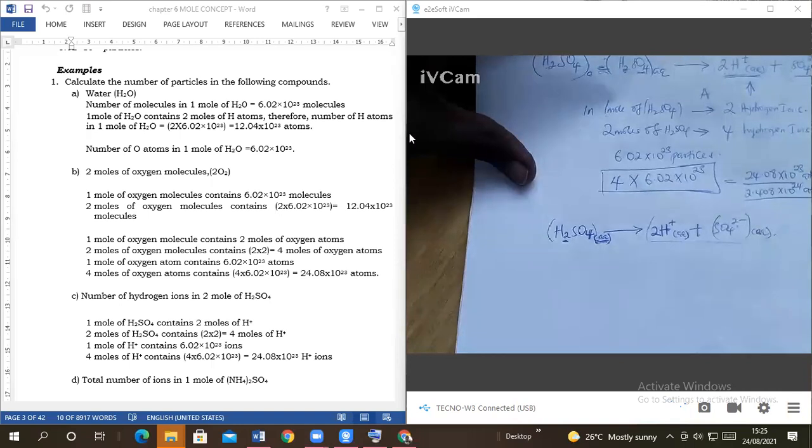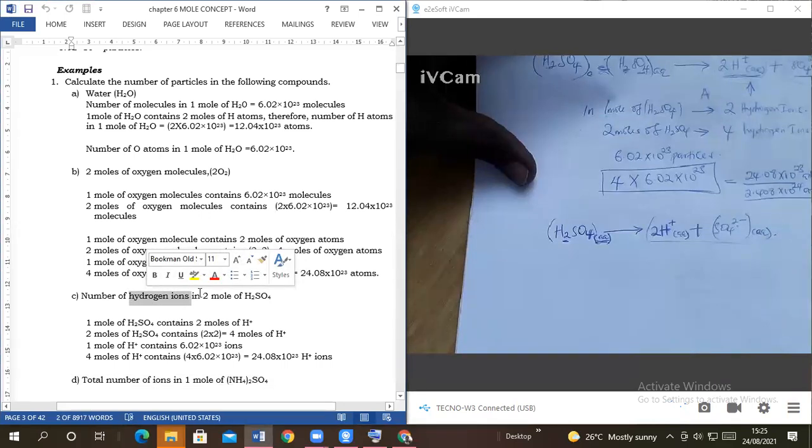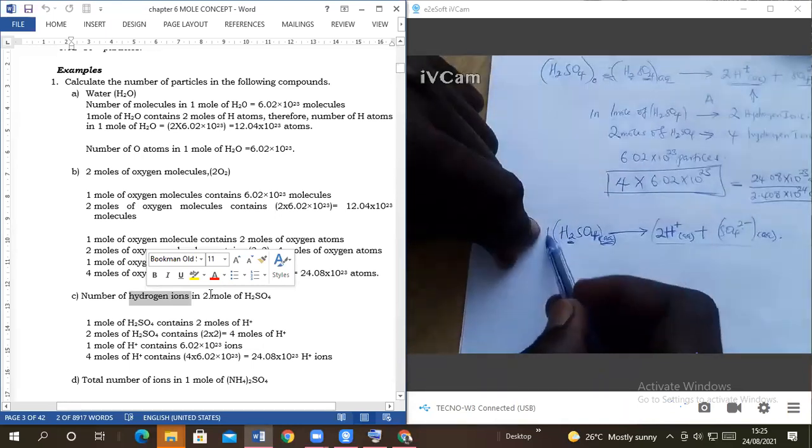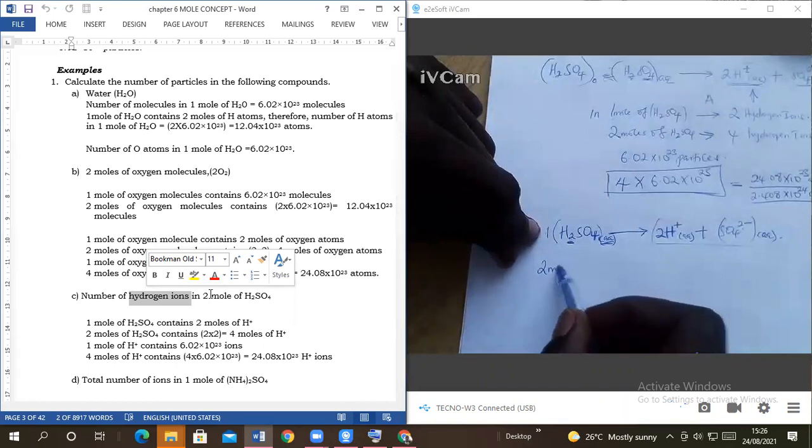But our question is the number of particles of hydrogen ions in 2 moles. This is 1 mole. This one here is what? 1 mole. What about if there are 2 moles of sulfuric acid?